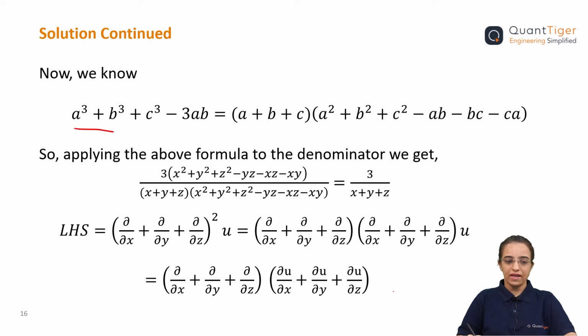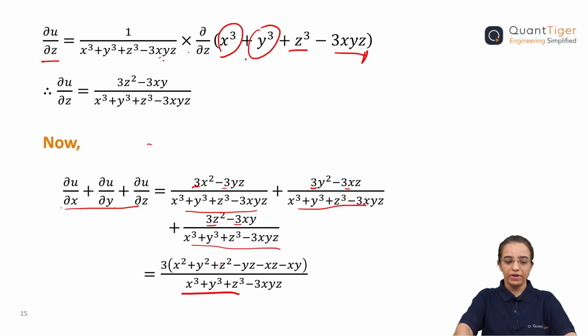So this is the expansion formula which is in terms of cubes. So a cube plus b cube plus c cube minus 3abc. So this is the whole formula which we have to apply here, because our denominator, if you look carefully, is exactly the same as how the expansion formula looks. So we can use that to simplify the denominator.